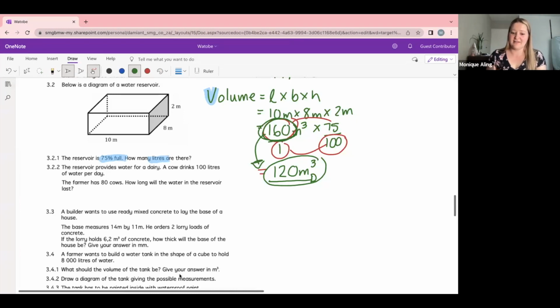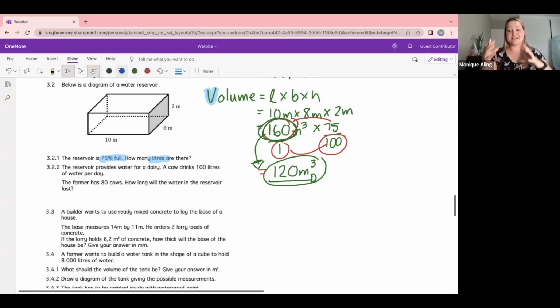Ma'am, I said 120 meters, and I times it by 100. Not 100, 1,000. Well done. 1,000, right? Is that what you did? Yes, sir. Perfect. That's exactly it.